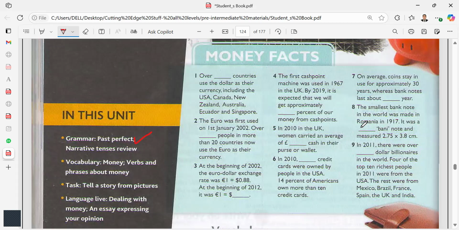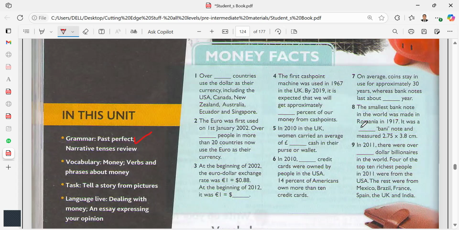In 2010, 8 million credit cards were owned by people in the USA. 14% of Americans own more than 10 credit cards. 7. On average, coins stay in use for approximately 30 years, whereas banknotes last about 1 year. 8.